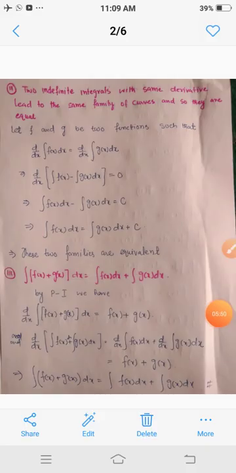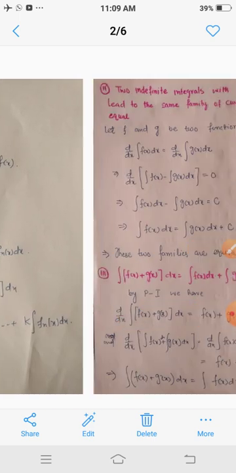And d by dx of (integral f(x) dx plus integral g(x) dx) equals d by dx of integral f(x) dx plus d by dx of integral g(x) dx, because the differential of a sum equals the sum of differentials. Here I use that very concept.